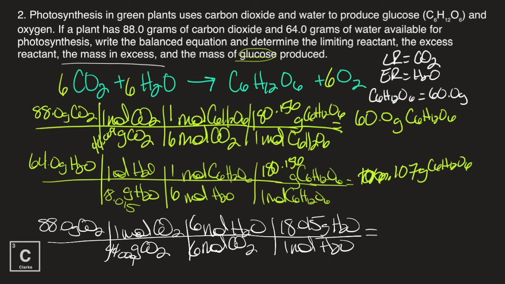I see that we only used 36.0 grams of water. And since the question asks what is the mass in excess, so how much do we have left over, we were given 64 grams of water. We used 36 grams of water. So we only have 28 grams left.